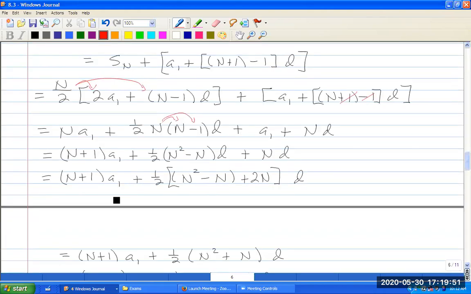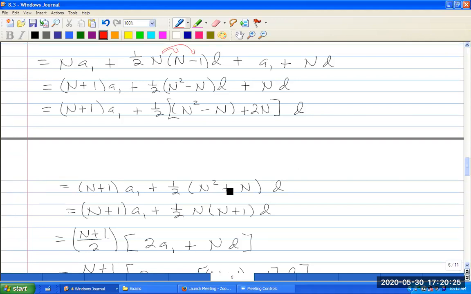Now, I can factor out a 1/2 from this. So I get a 1/2 d from this term, so this is a d here and a 1/2. What remains is n squared minus n. I have here a 1/2 d, and so I can factor out the d here. This becomes a 2n, and the 2n minus n just becomes a 1n.